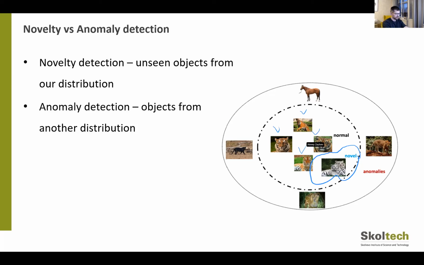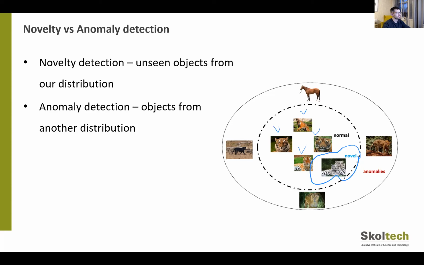And also, sometimes we observe objects from another distribution, and it is anomalous for our particular case. If you observe not tigers, but a horse or a jaguar, then we say that in this case we have an anomaly and we should detect it, something we also don't see. So in this case we have anomaly detection.